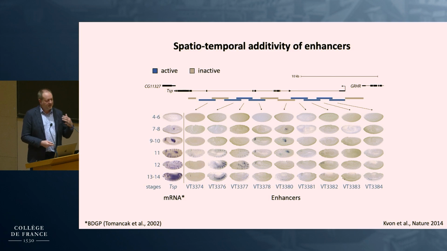So, highly dynamic activity throughout development if you go top to bottom, and at each stage, going left to right, you see this additivity where different enhancers come together to produce a more complex gene expression pattern.